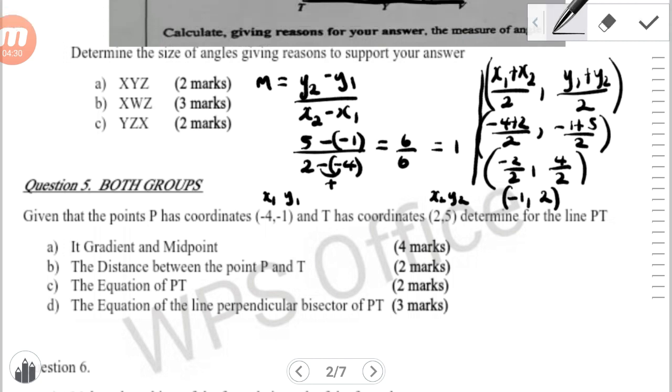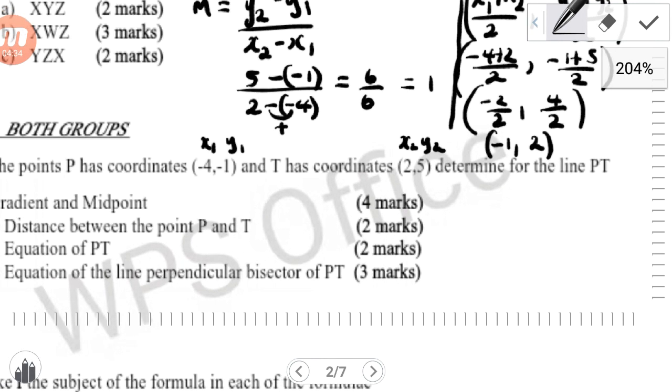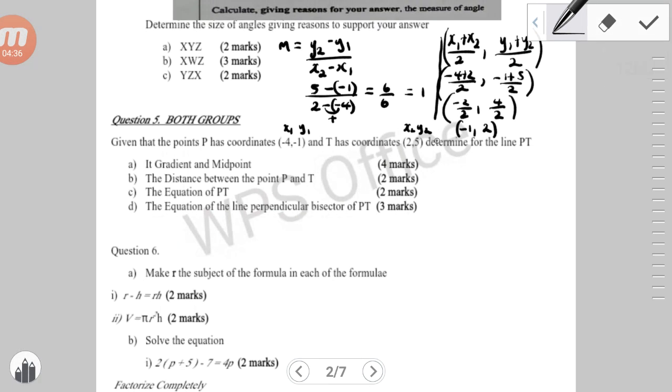All right, now we're going to be looking at finding the distance between the points P and T. So we're looking for the length formula here. The length formula is the Pythagorean theorem extended.